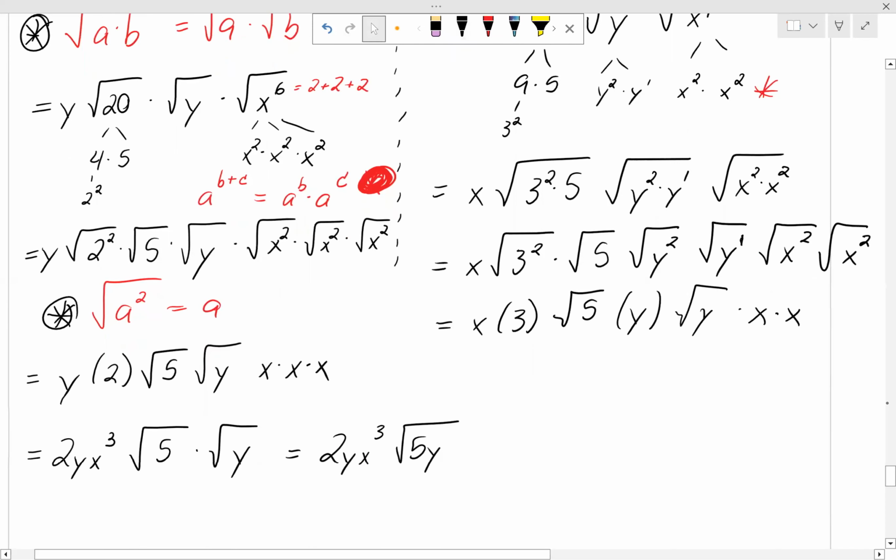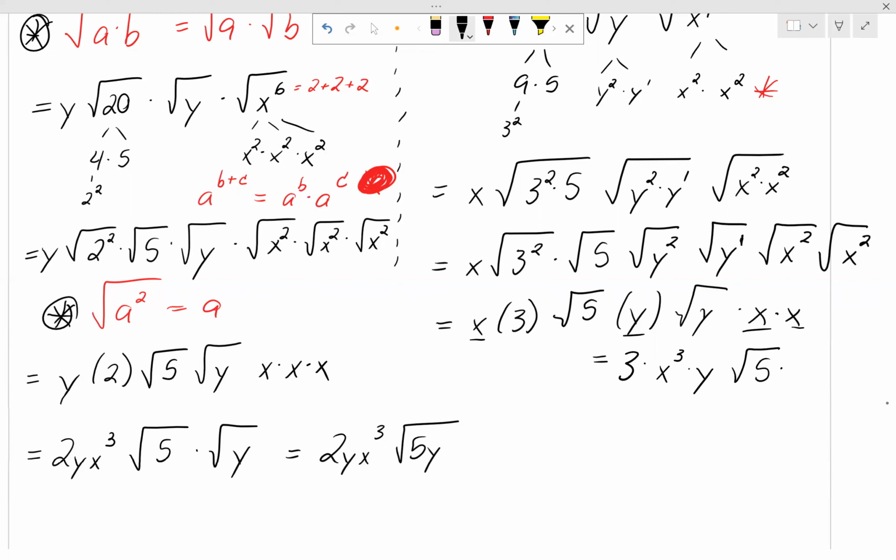And like I did before, I'm going to bring everything to the front. And I'm going to combine like terms. So I have 3 times, I have 1, 2, 3 x's, so x cubed, and I have 1 y. And then I'm going to have square root of 5 times square root of y.